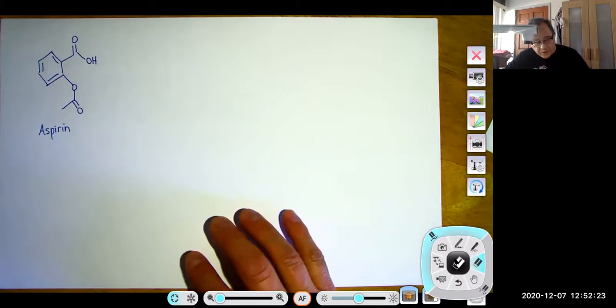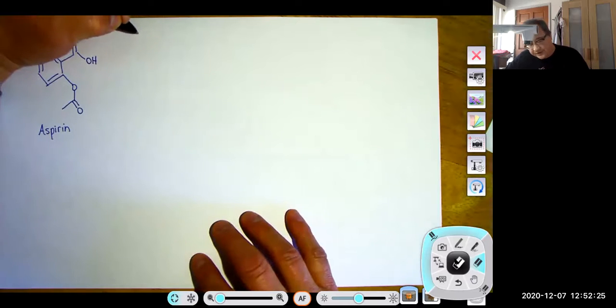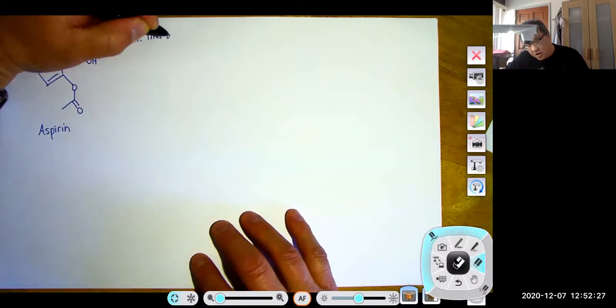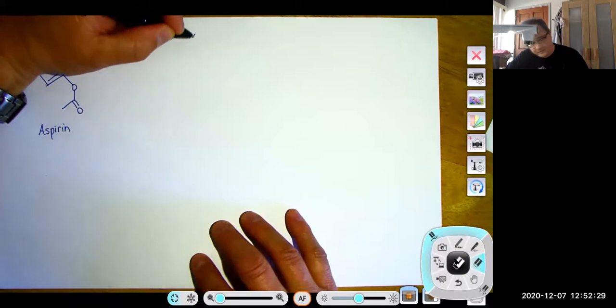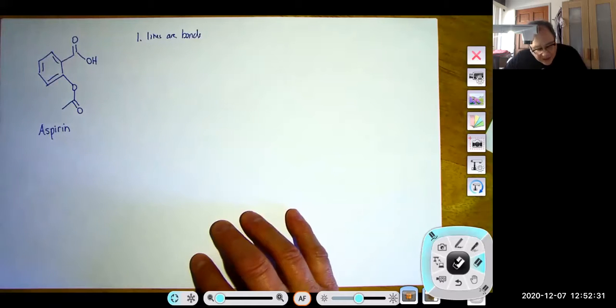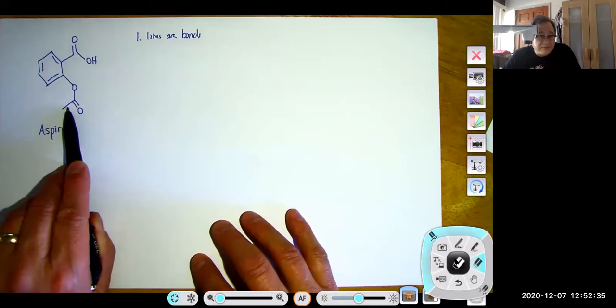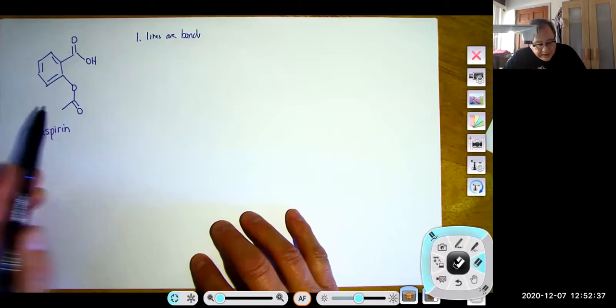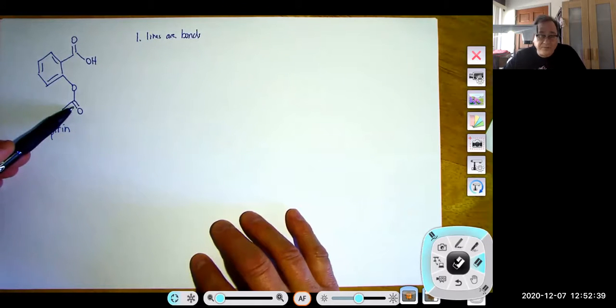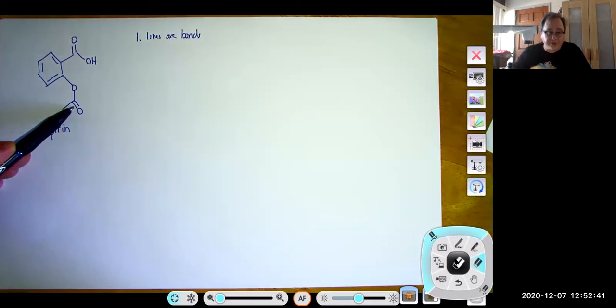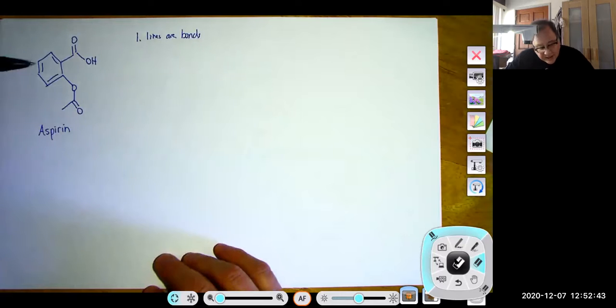The first thing we have to know about this is that lines are bonds. So can you see this line right here that I'm pointing to? That is a bond. Can you see these 2 lines that I'm pointing to? That's 2 bonds. Can you see this line here? That's a bond. Can you see these 2 lines?